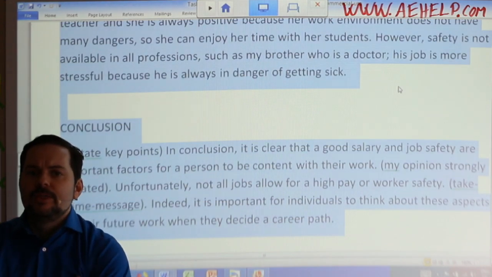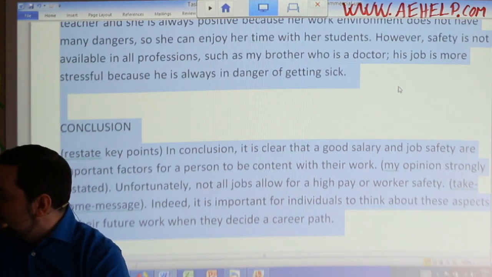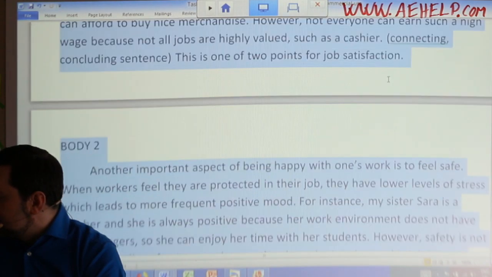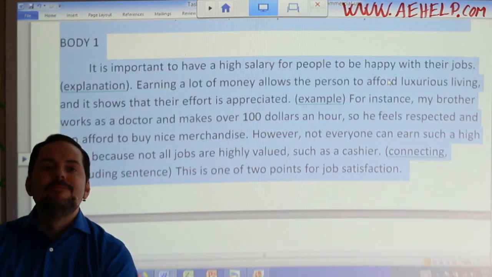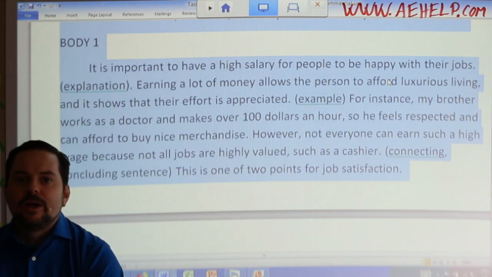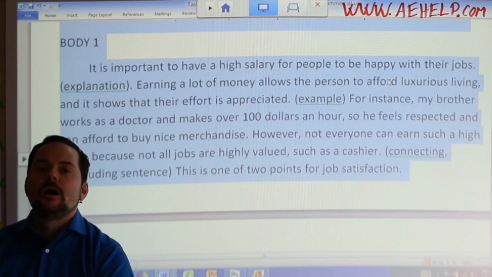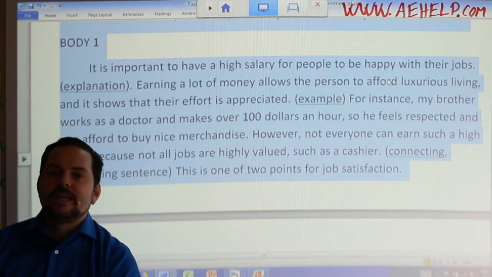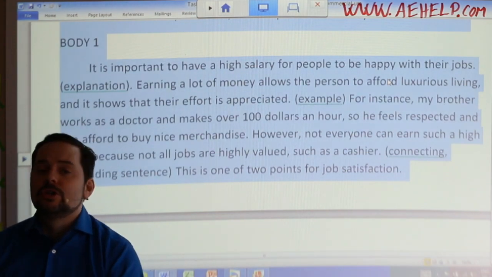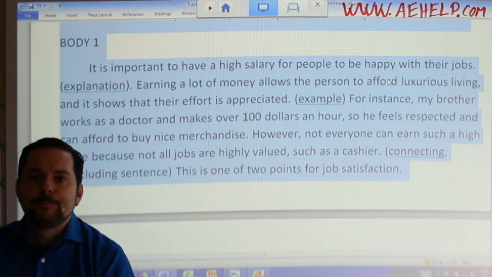So this task 2 that we just wrote is roughly 310 words. Remember, the minimum is 250, so you have to write at least 250. Most task 2 essays that get 7 or 8 are closer to 300 words, okay?